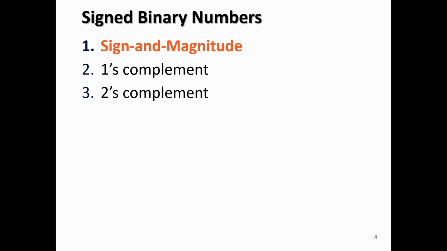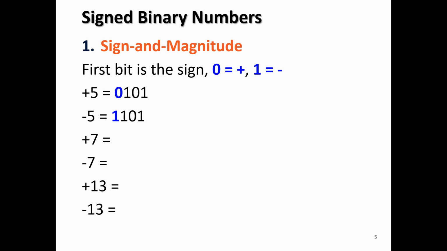Signed binary numbers can be represented in 3 ways: sign and magnitude representation, ones complement, or twos complement representation. In sign and magnitude representation, we use the first bit to indicate if it's a positive or negative number.